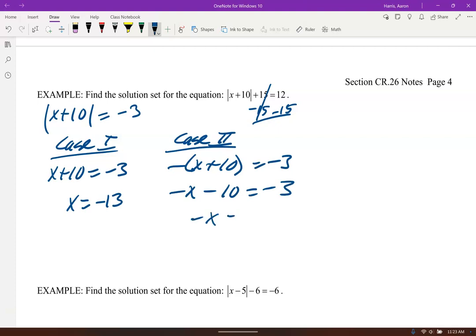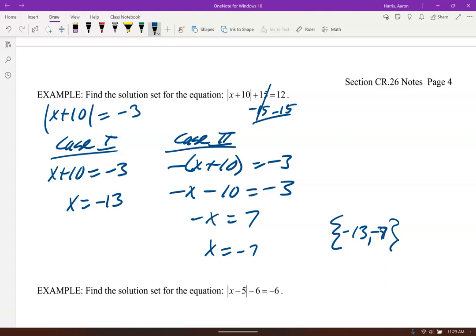Add 10. Divide by -1. So it looks like we got -13 and -7 on that as our proposed solutions.